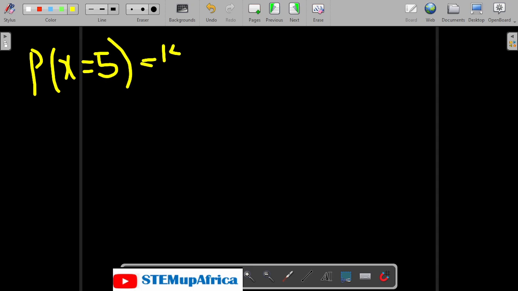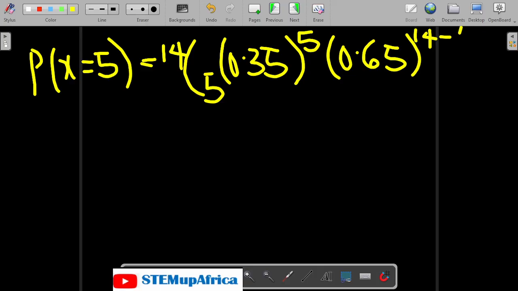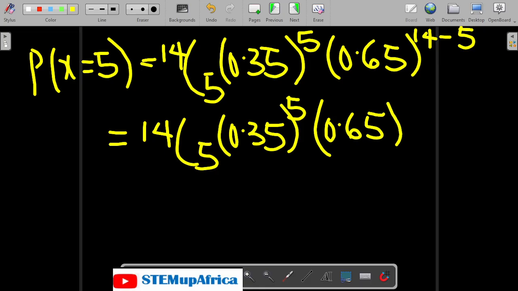So let's also do for prob x equals 5. That will give me 14 combination 5, 0.35 raised to power 5, bracket 0.65 raised to power 14 minus 5, which is 9. Just as we simplified previously, if we simplify for 5, let me press my calculator, I'm going to have 0.2178.